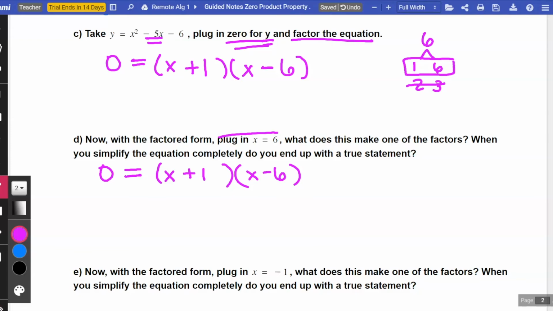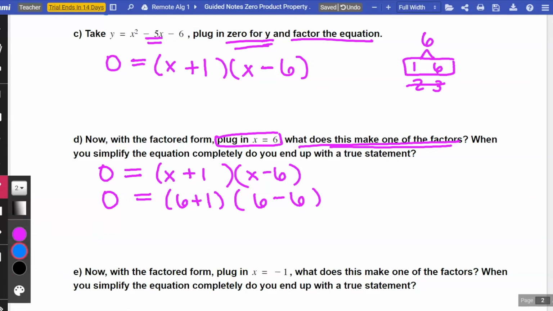We're going to plug in x equals 6 into this factored form. So 0 is equal to 6 plus 1 times 6 minus 6. Well, what does that do to one of these factors? Which of these factors does 6 make 0?